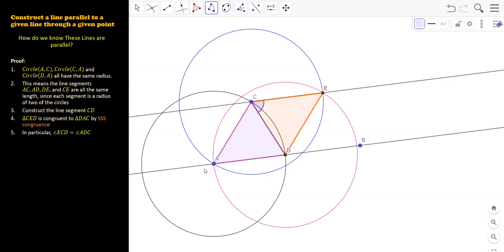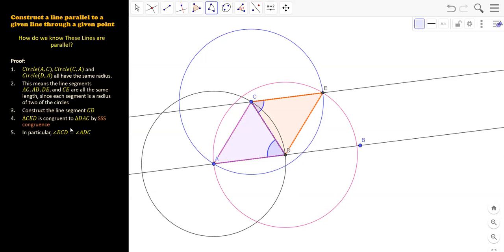And angle ADC: I've got to draw another little circular sector there. D is the vertex, and it goes from there to there. I know those two angles are the same because they are corresponding angles of congruent triangles.